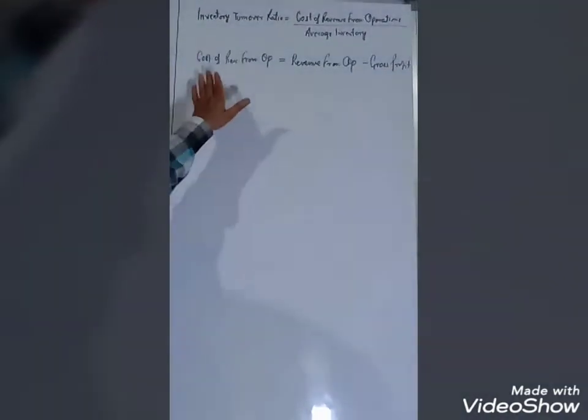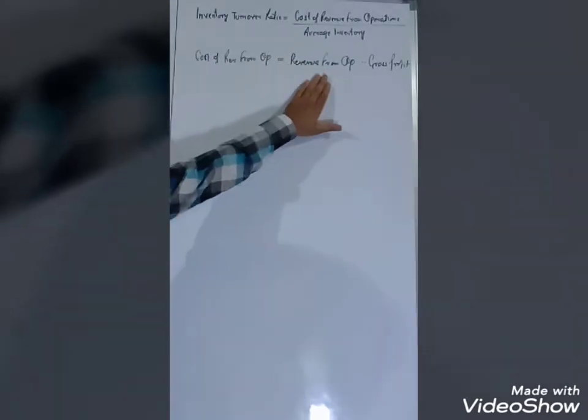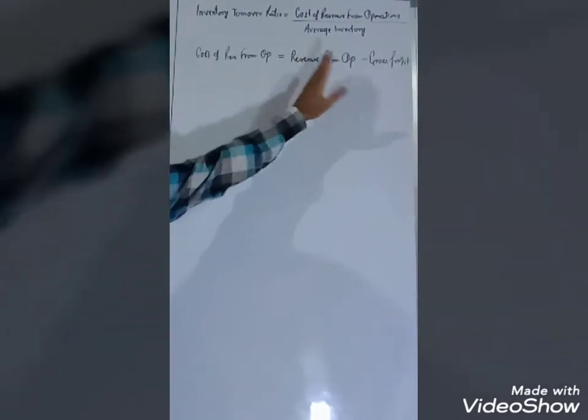So this is another formula for the calculation of cost of revenue from operations. Revenue from operations means net sales minus gross profit. We will get the cost price or cost of goods sold, also known as cost of revenue from operations.